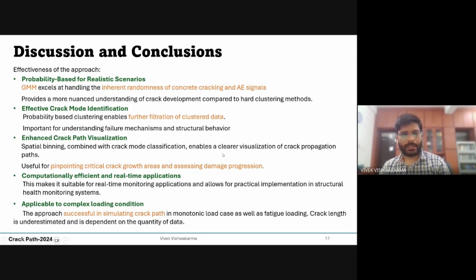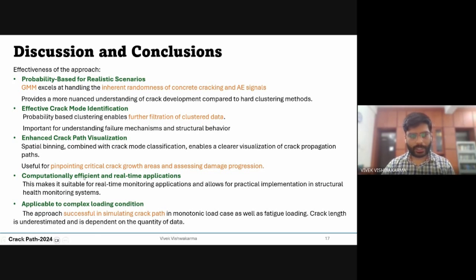It enables a clearer visualization of crack propagation in the situation where you cannot see your specimen. This study, as I told you in the first slide, was the outcome of a problem where I was not able to see my specimen.